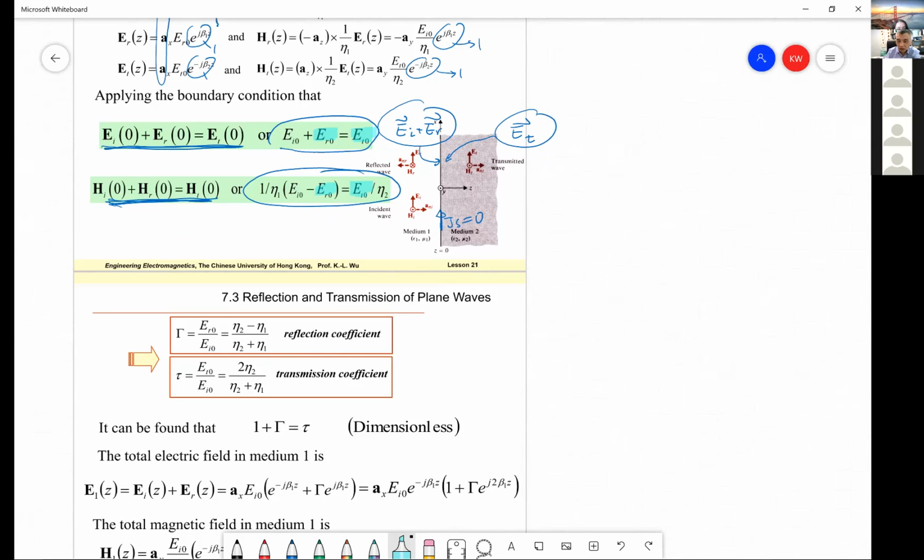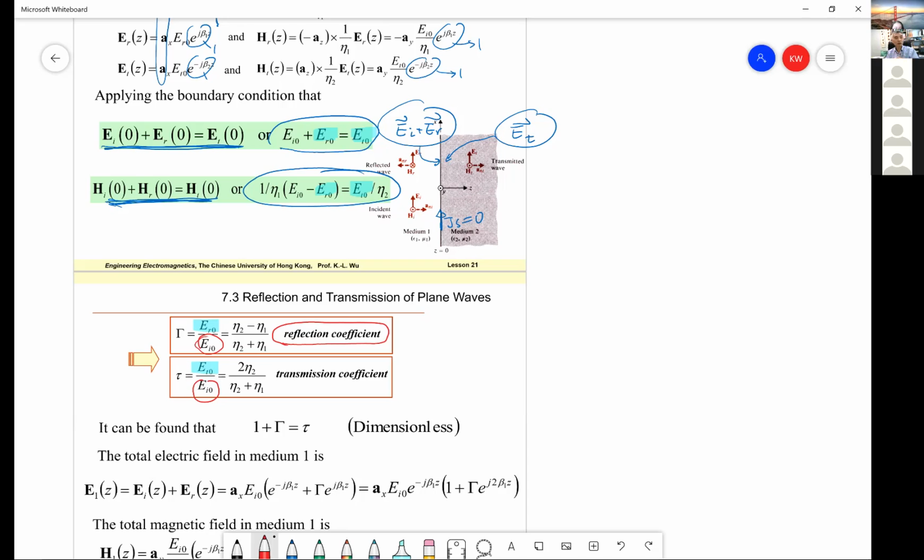The reflected wave and transmitted wave are all with respect to the incident wave, because the incident wave is known. I call this ratio, reflected wave magnitude divided by incident wave magnitude, the reflection coefficient. This is how I measure how much energy is reflected with respect to the incident wave.